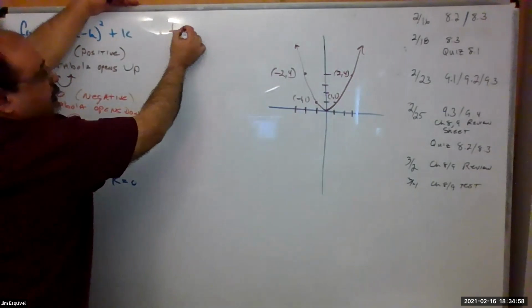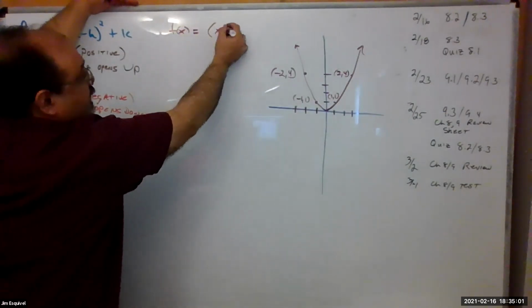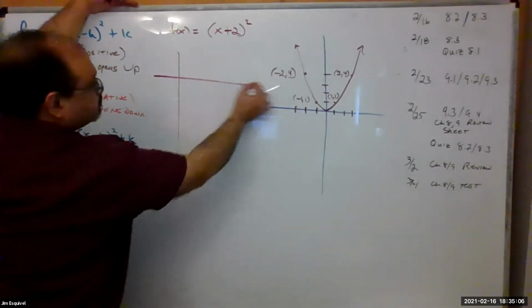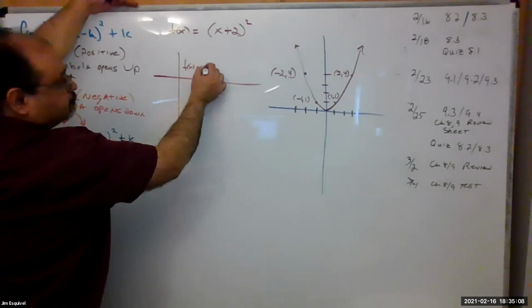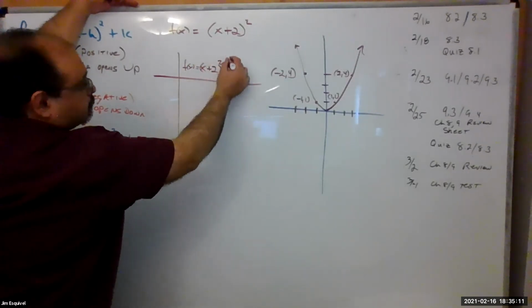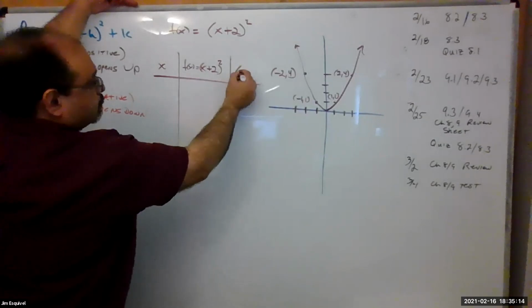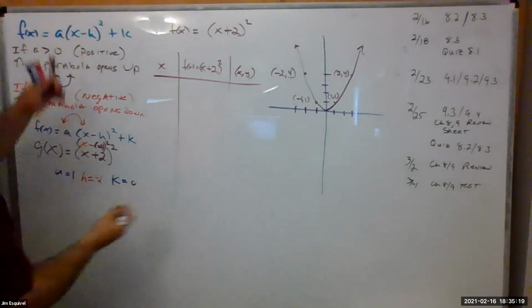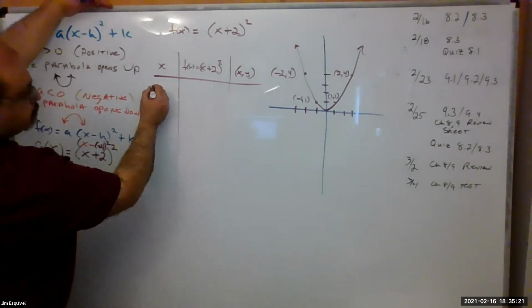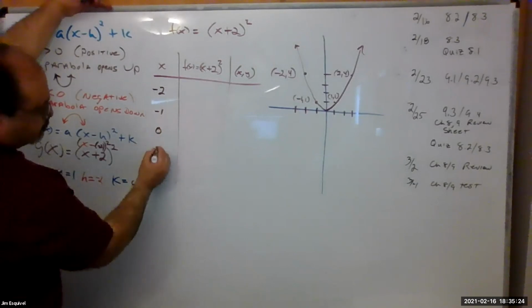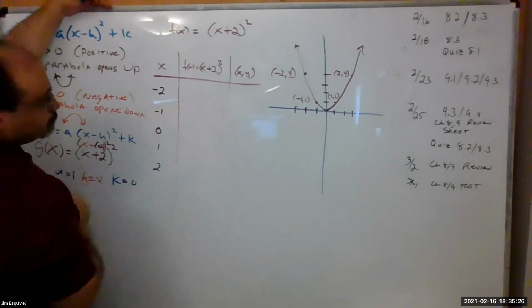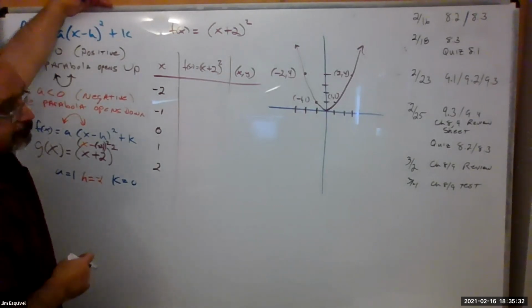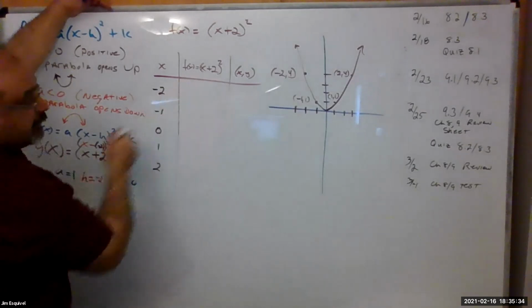We're going to graph f of x equals (x plus 2) squared. If I use exactly the same numbers, negative 2 goes in.